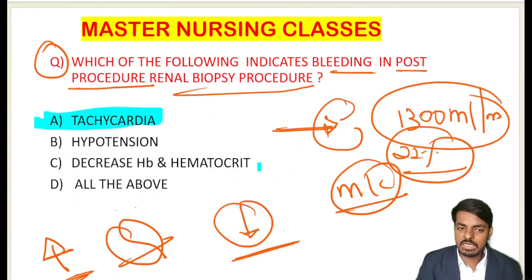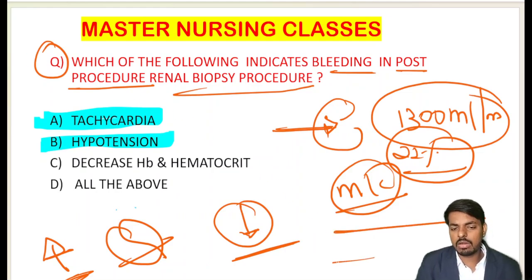And if there is internal bleeding, the circulatory volume will decrease, and again we will find hypotension. Very importantly, along with the blood leaking out of the circulation, our RBCs and plasma will go.